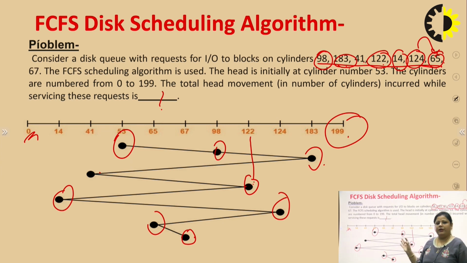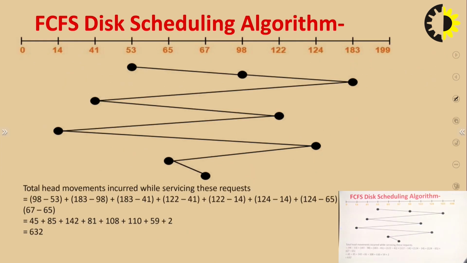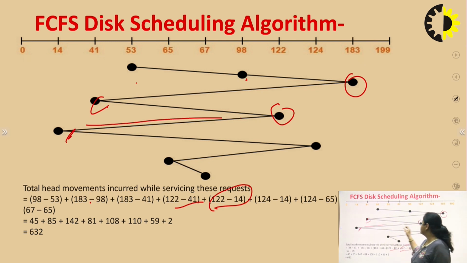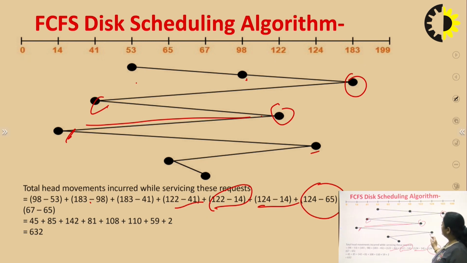Now as we draw this technique, we can say the total head movement incurred while servicing these requests is 98 minus 53, plus 183 minus 98, plus 183 minus 41, plus 122 minus 41, plus 122 minus 14, plus 124 minus 14, plus 124 minus 65, plus 67 minus 65.